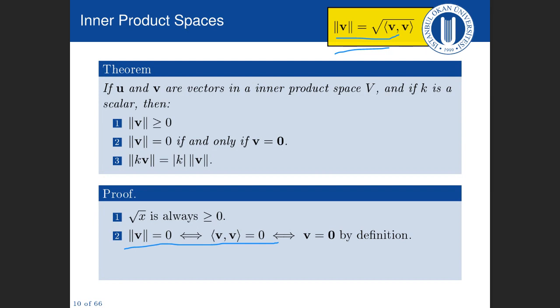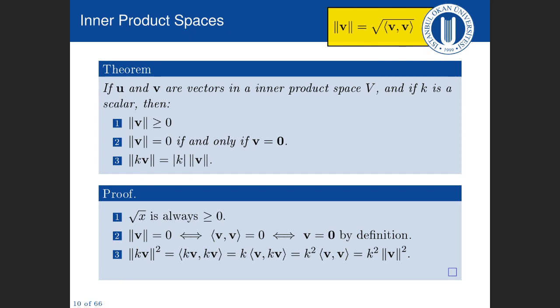The norm of v is equal to 0 if and only if the inner product of v with v is 0. But by definition, that's true if and only if v is the 0 vector. And number 3, norm of kv squared means inner product of kv with kv. k in the first position, we can take it out. k in the second position, we can also take it out. So we have k squared outside inner product of v with v, or k squared norm of v squared, and that's it.